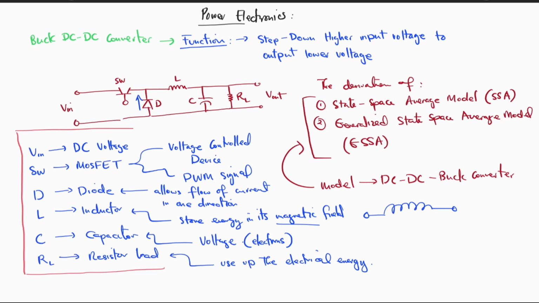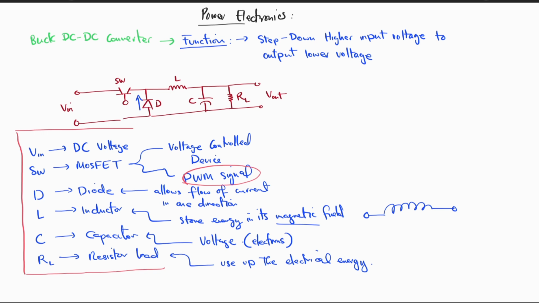One thing I want to explain is the PWM signal, because the PWM signal is responsible for controlling the output to be lesser than the input. And this PWM signal is called the control of the buck DC to DC converter.